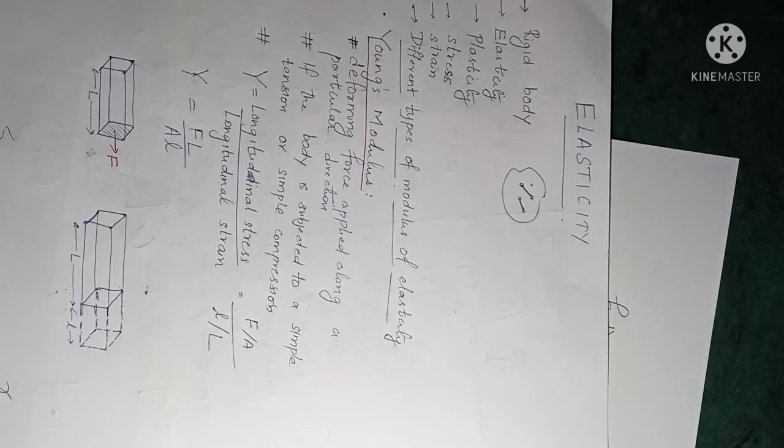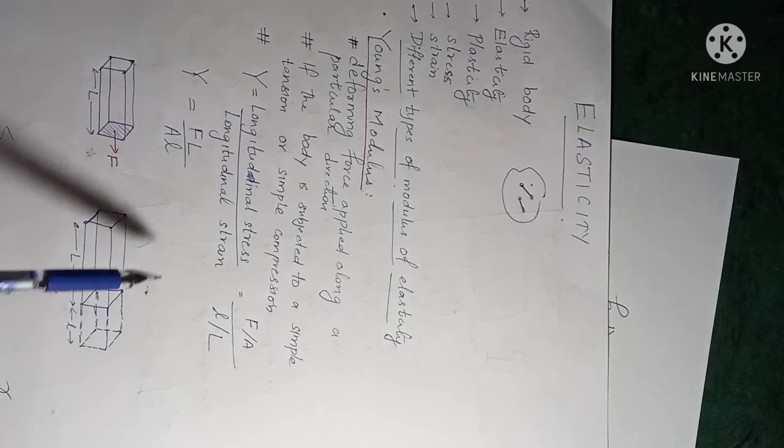The force applied per unit area of cross section is called longitudinal or linear stress, and the change in dimension per unit length, or the change in length per unit length, is called longitudinal strain. So the ratio between this longitudinal stress and longitudinal strain is known as Young's modulus.